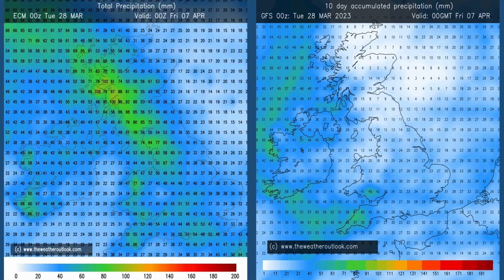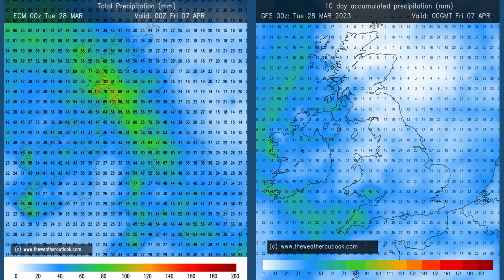So taking these four charts together, they suggest the likelihood of significant amounts of rain in all parts of the UK, but in central and eastern England, most of it is likely to fall through the first few days, according to the GFS. ECM perhaps pointing towards the ongoing risk of rain, even in those counties as we head through the 10-day period.